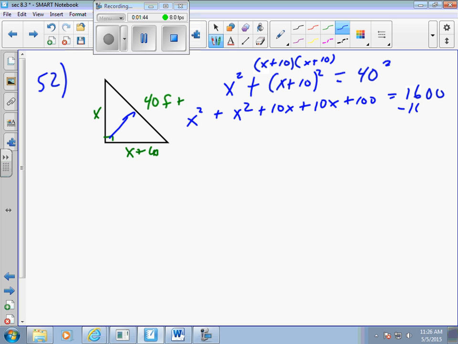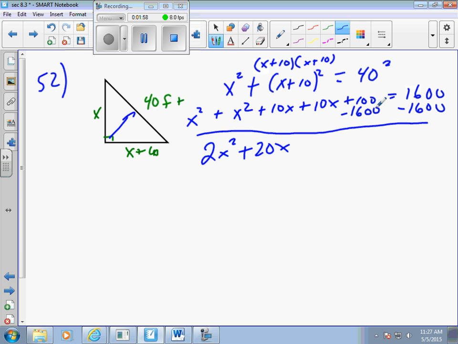Remember, we want to get everything on one side and use the quadratic formula. When I do the simplifying here, x squared and x squared gives me 2x squared. 10x and 10x gives me 20x. And 100 minus 1600 gives me negative 1500 equals 0. Now, I can plug this into the quadratic formula the way it looks, or I can factor everything by dividing everything by 2.